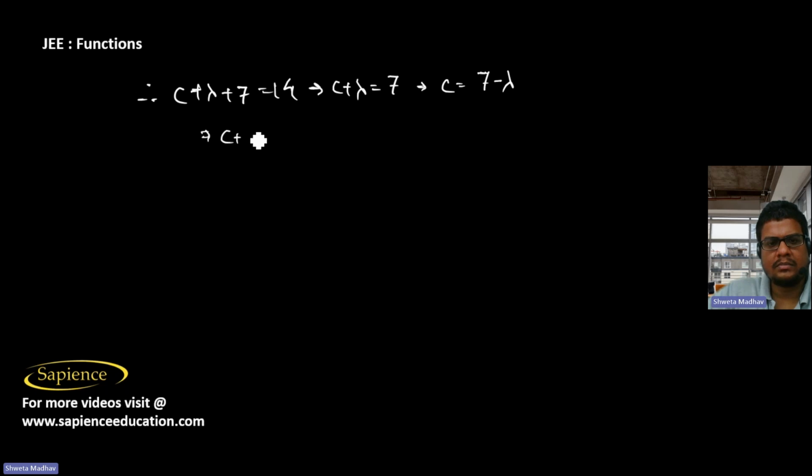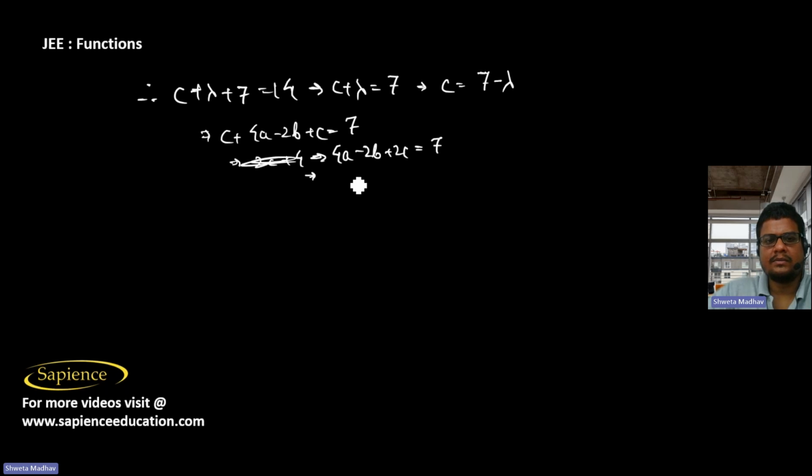So therefore c plus lambda, where lambda is 4a minus 2b plus c, is equal to 7. So 4a minus 2b plus 2c is equal to 7. Now if we divide by 2, we'll get 2a minus b plus c equal to 7 by 2.